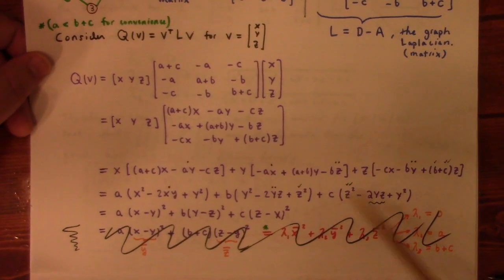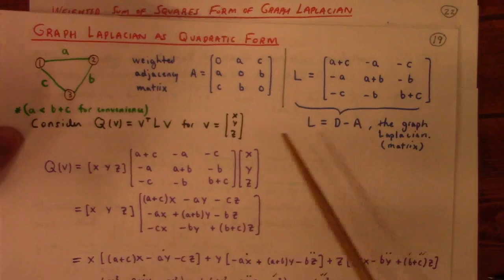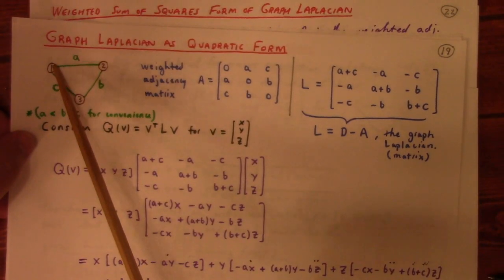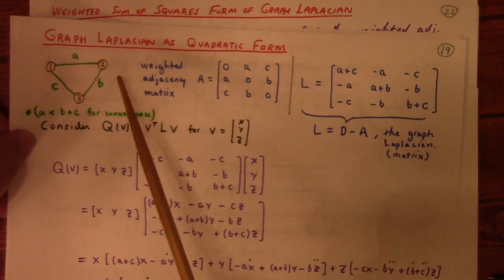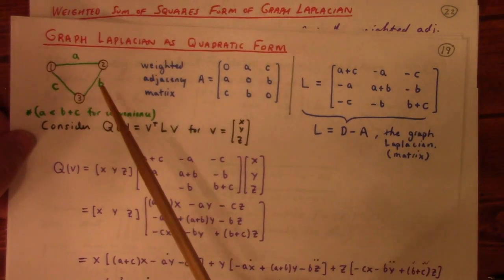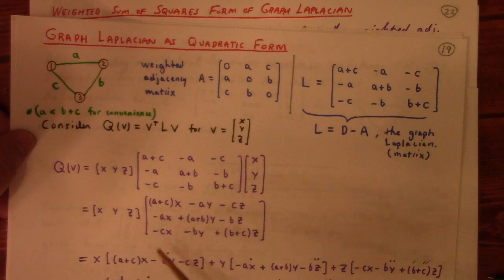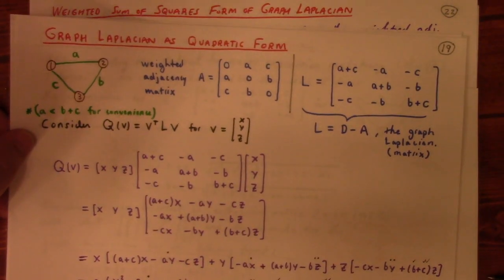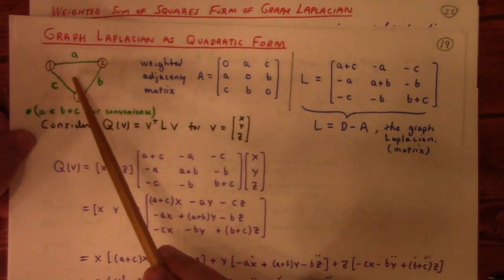And that makes a lot of sense because when we look at the graph, x is going with that, y is going with that, z is going with that, so it's like x minus y times a squared, y minus z with a b out front, and over here is z minus x times c. So you can see where that formula is coming from in terms of the original graph.